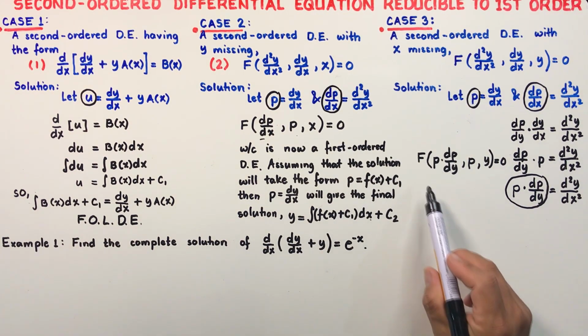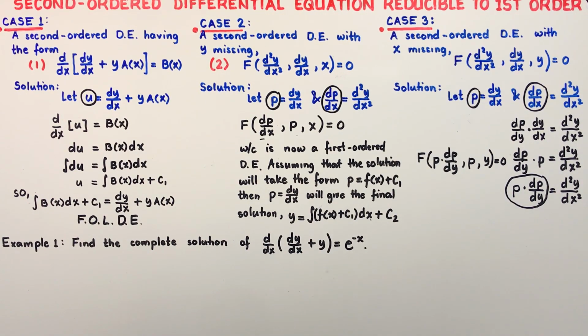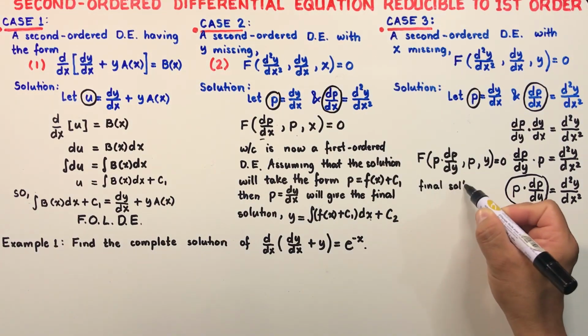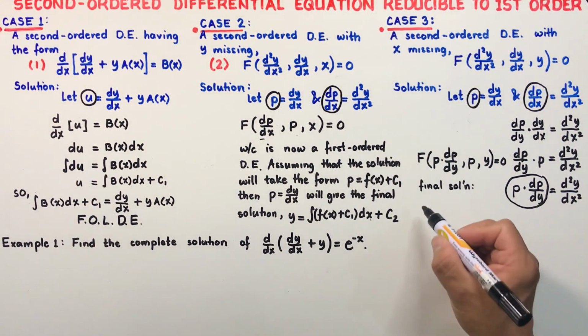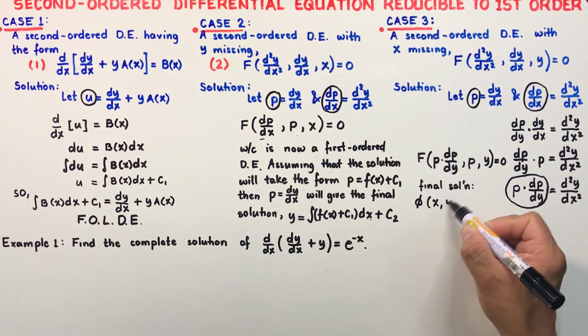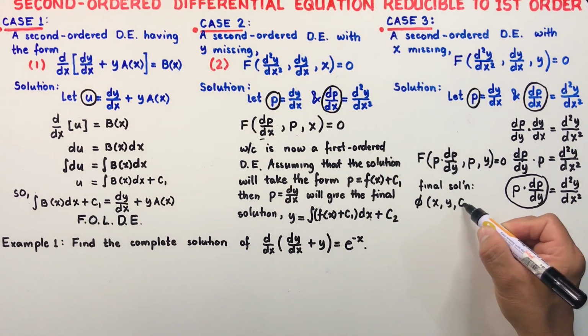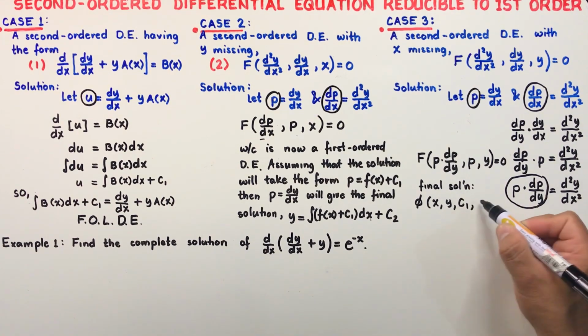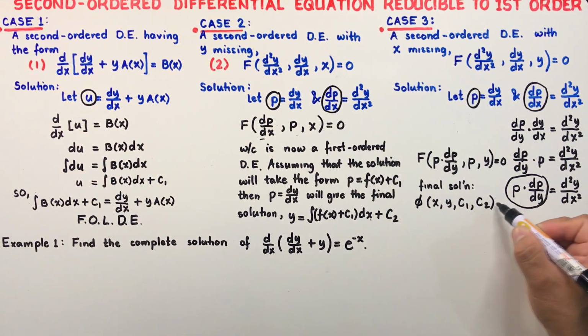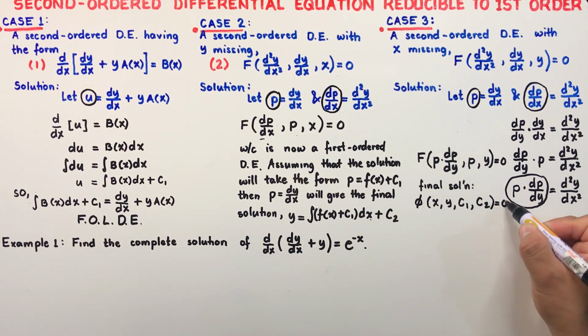So in the final solution for this case number 3, we expect that there are two arbitrary constants, c sub 1 and c sub 2. So the final solution is an equation that contains x and y, and the first arbitrary constant c sub 1 and the second arbitrary constant c sub 2, which is equal to 0.